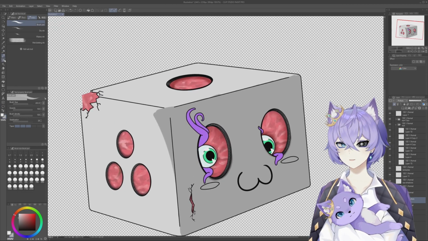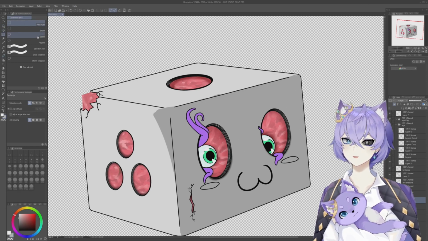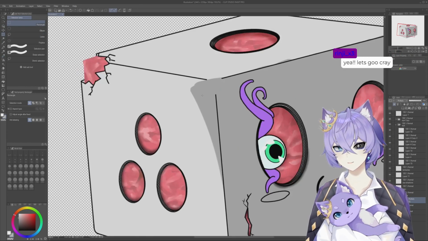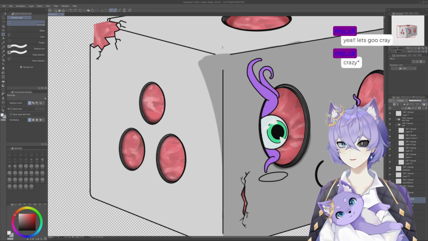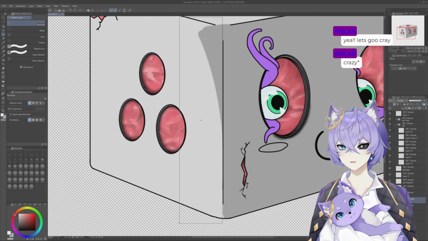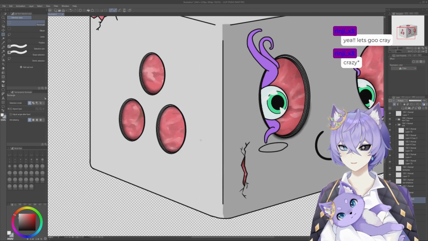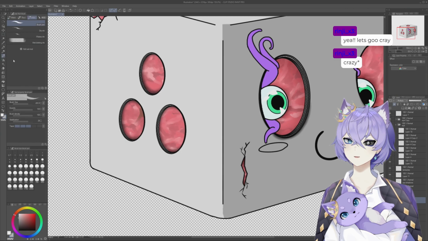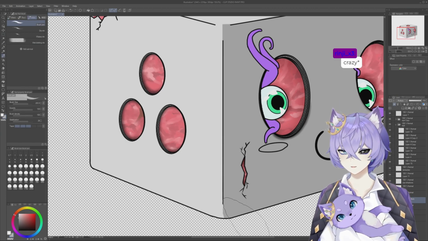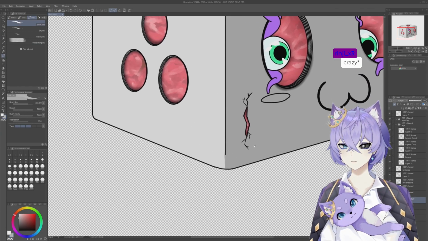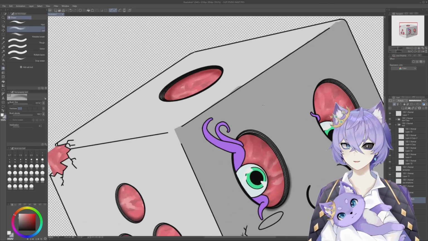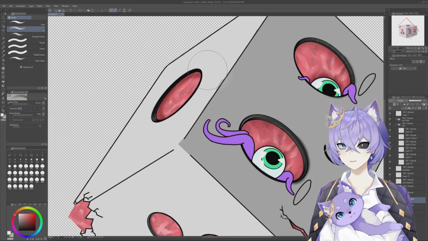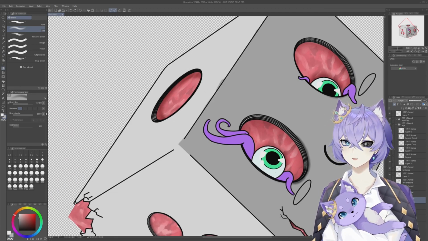Okay, so we take a selection and then grab this all here, eliminate that. Take back my brush, clean up this line down here. And then we take our eraser, that's the soft eraser.